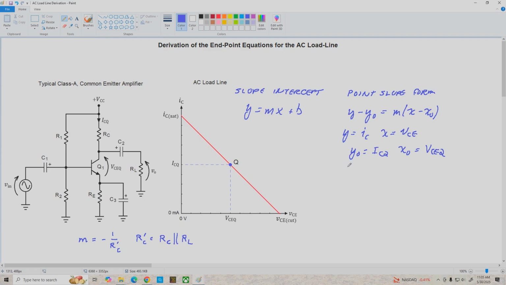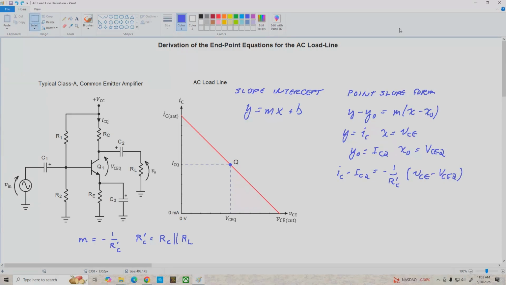Now, what we're going to do next is take all of these different identities we came up with and substitute them back into the original point-slope form equation, along with our identity for the slope. So that gives us I sub c minus ICQ equals the slope, negative 1 over R prime C, times VCE minus VCEQ.